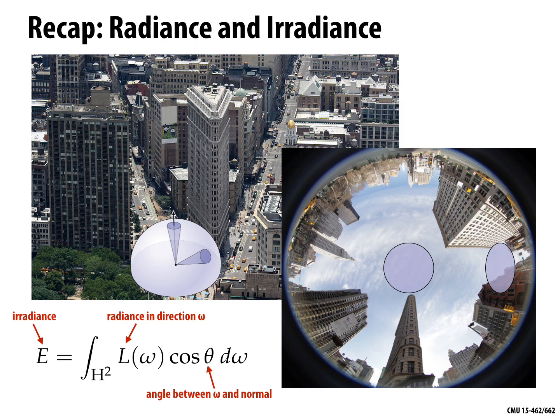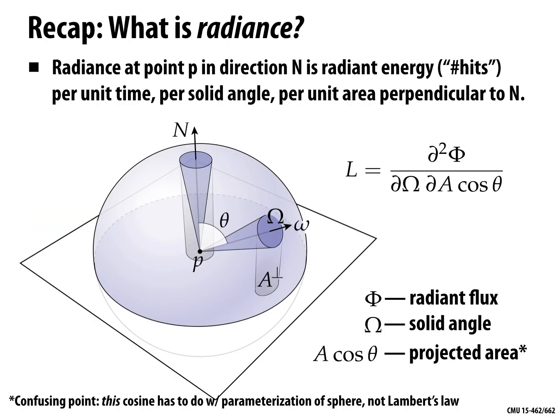Okay? So a little more precisely, what is radiance? We said radiance at a point P in a direction, or for a surface with normal n, is the radiant energy per unit time, per solid angle, per unit area perpendicular to n.